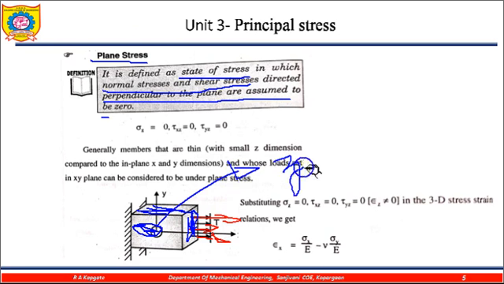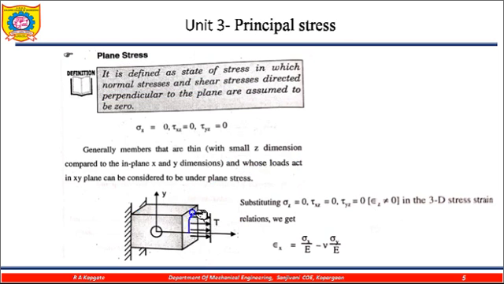So when such a condition occurs, that the stresses occur along this surface, this we could say is my y surface and this one is my x surface. When the stresses are applied on these two planes or surfaces, not along the z surface, such a condition is called the state of plane stress case.